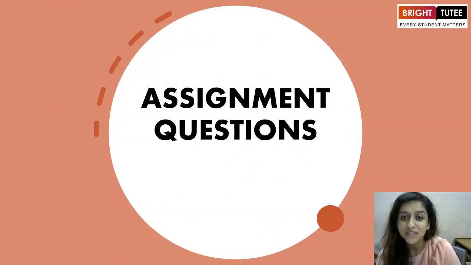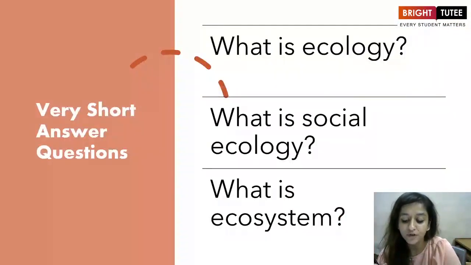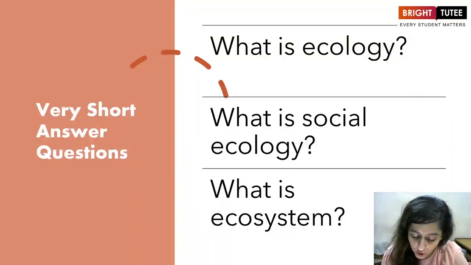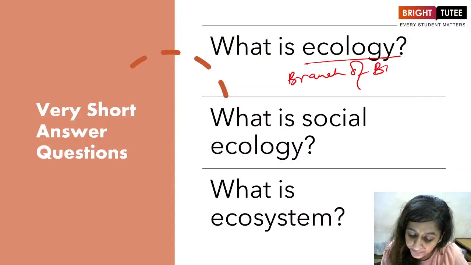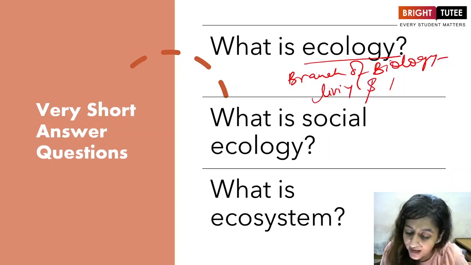Coming to the assignment questions, you have the first question: what is ecology? We have talked about ecology as a branch of biology wherein you study the relationship between living organisms and their environment.